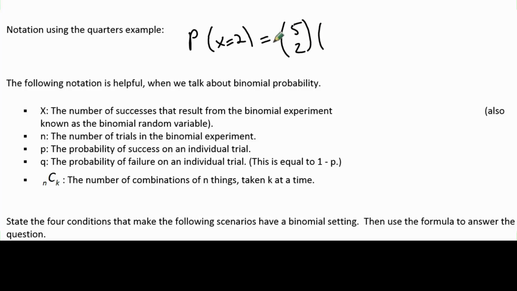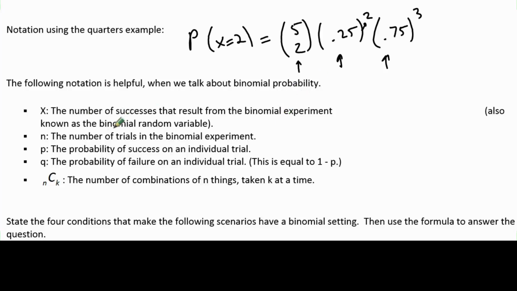So that's how many ways this can happen. And then we have 0.25, and we need this to happen 2 times. We need 2 successes, right? And then how about our failures? There's a 75% chance of failing, and we have to fail 3 times. So this is the ways it can happen. This is the probability of success. This is the probability of failure. You need all of this to happen at the same time, so you've got it.